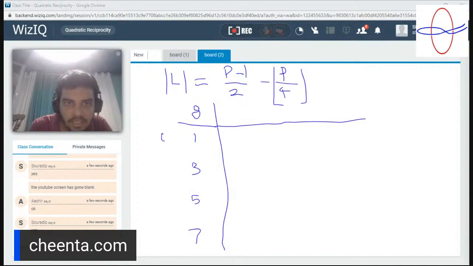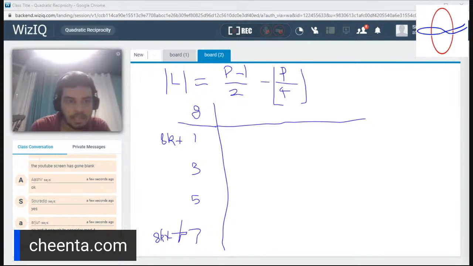Let's call this 8k plus 1, 8k plus 3, 8k plus 5, and 8k plus 7. So the issue becomes 4k plus 1 and 4k plus 3.